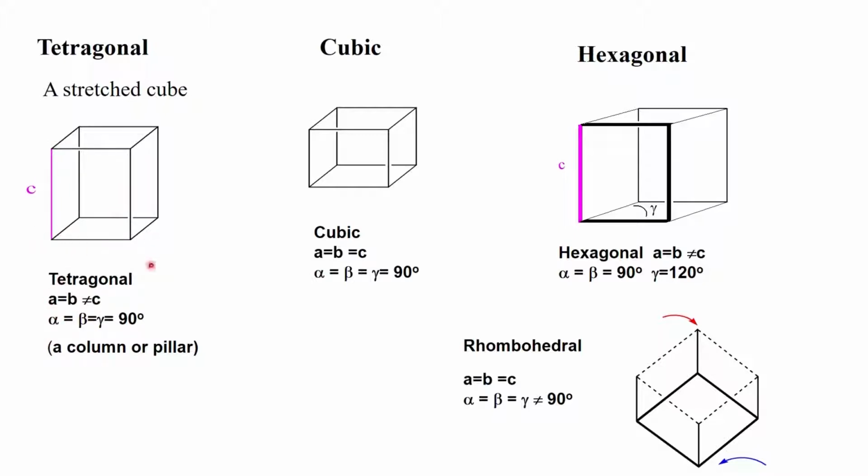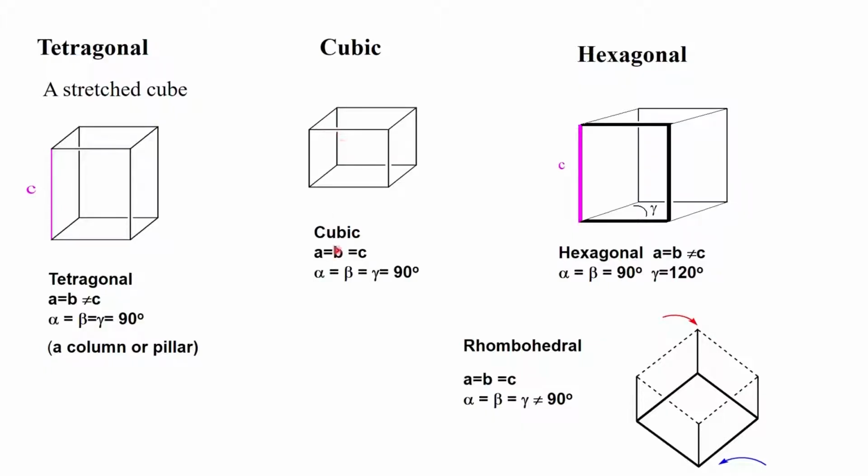So, whenever you have a square lattice, we have already seen that the square lattice will effectively introduce A to be equal to B, and it is not equal to C in this direction, and alpha, beta, gamma are 90 degrees with respect to each other. So, this can also be treated as a stretched cube: you take a cube and stretch it in a direction perpendicular to the base plane, then you will get a stretched cube.